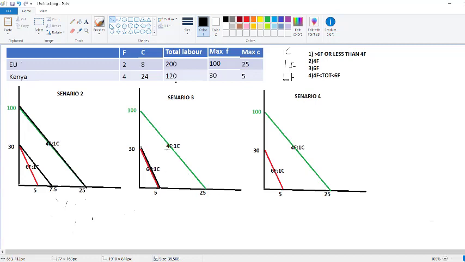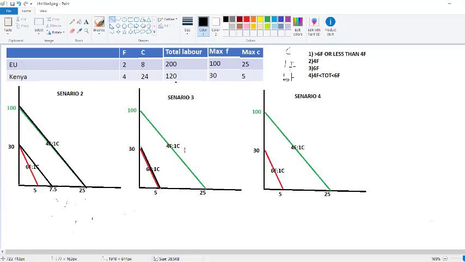What did they initially face? Initially, they faced 4 food per 1 carbon under autarky. This is also what they produce at. Now, the world has come along and says, no, you can sell whatever you produce in your society, which is 4 food per 1 carbon, and that terms of trade is now 6 food per 1 carbon, meaning the price of carbon has gone up by 2.